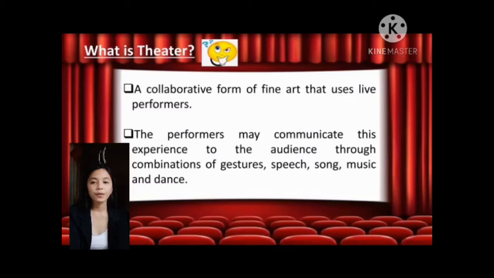Then, the performers may communicate this experience to the audience through combinations of gestures, speech, song, music, and dance. So these five are a combination of a theater: the gestures, the speech, the music, the song, and the dance. It can be called combined art because these five are combined into a theater.